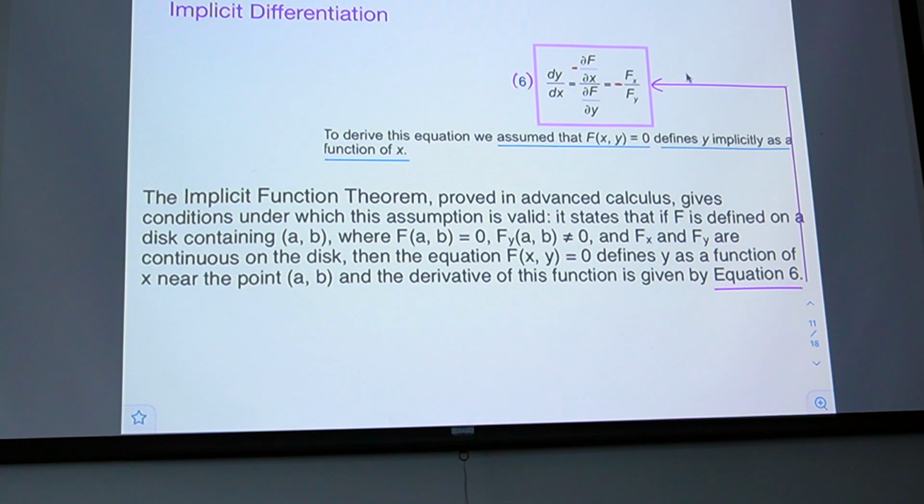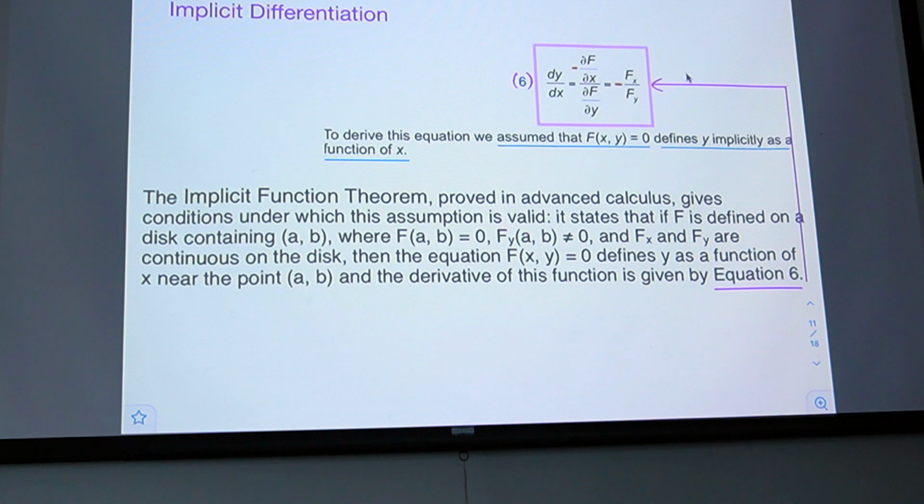What is the condition? It states that if the function F is defined on a disk containing (a, b), so in your mind, imagine there's a disk containing this point (a, b), and F(a, b) equals 0. Think about it being on the xy plane with the z component 0.